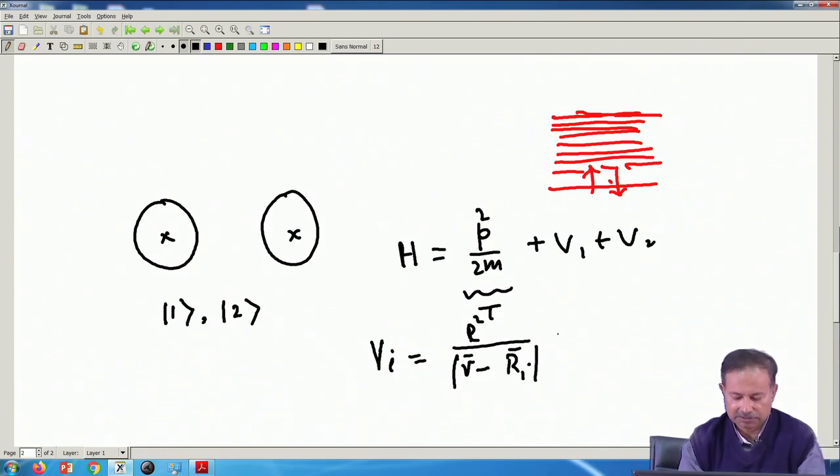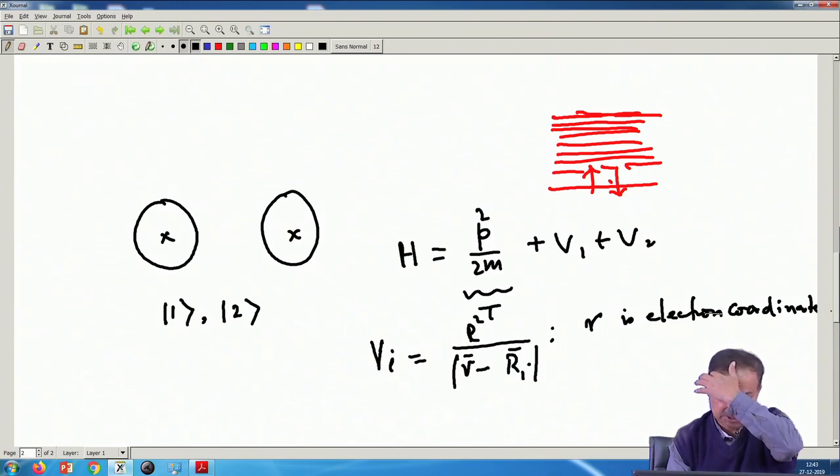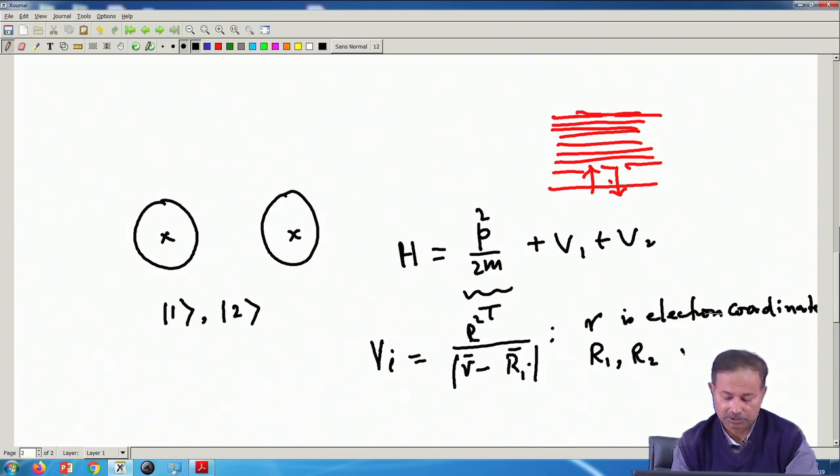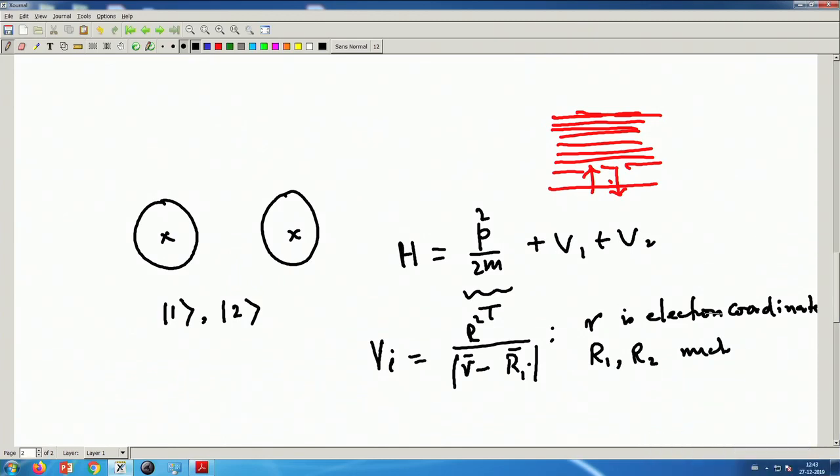Small r is the electron coordinate, the position of the electron, and capital R 1 and R 2 are the nuclear positions.